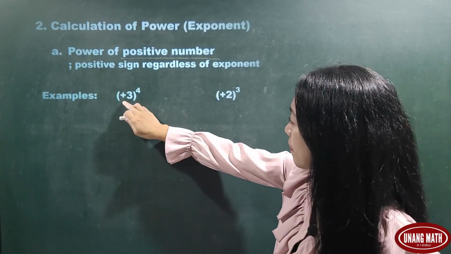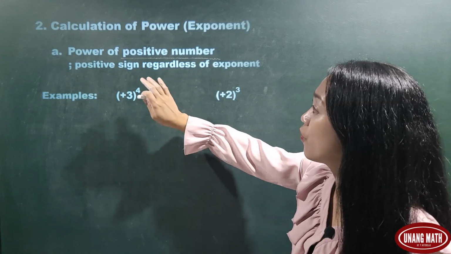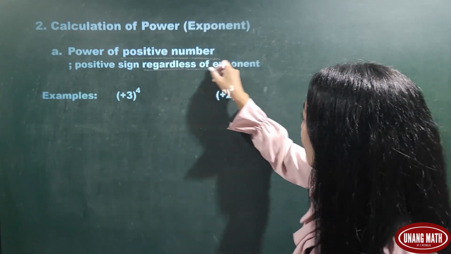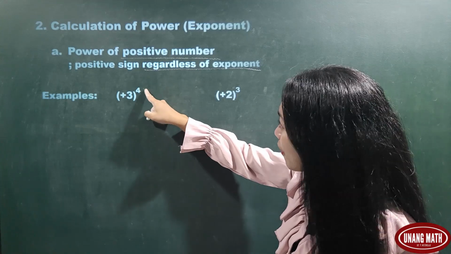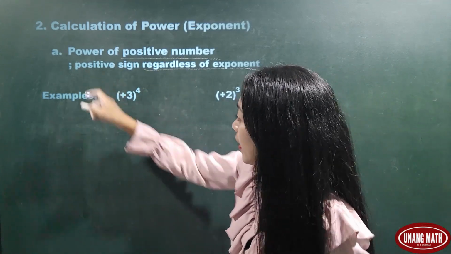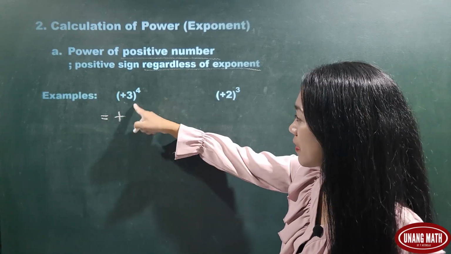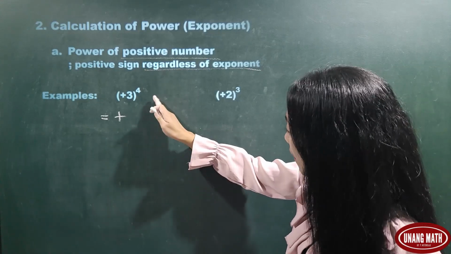Example, we have here positive 3 inside the parenthesis, and this is raised to the power of 4. Regardless of exponent, if the base is a positive number, the product is positive. So this is like positive 3 times positive 3 times positive 3 times positive 3.